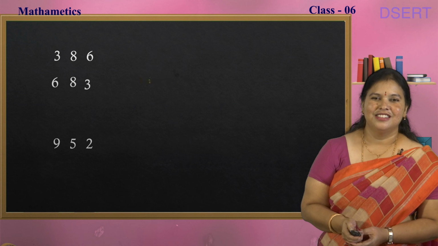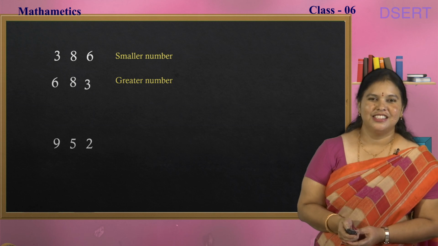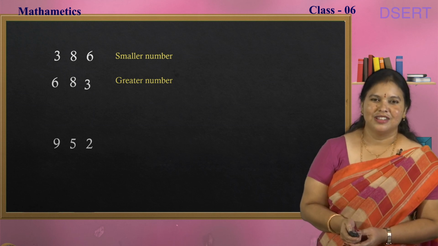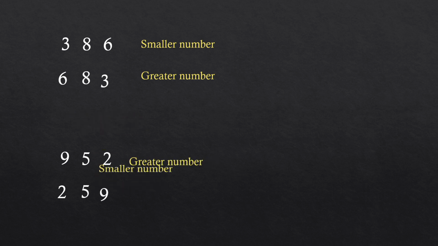Yes, here 386 is the smaller number and 683 is the greater number. In 952, here also we are shifting the digits. That means we got a new number 259, which is a smallest number. I hope you had fun.